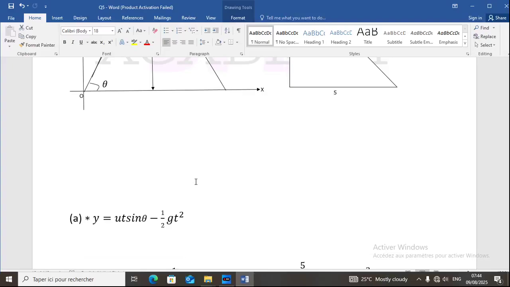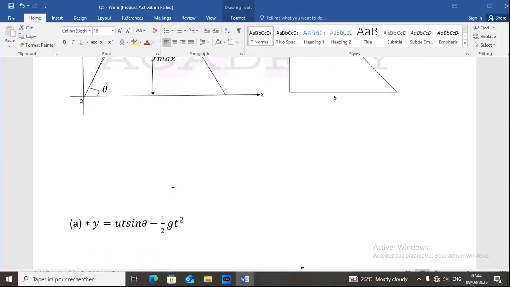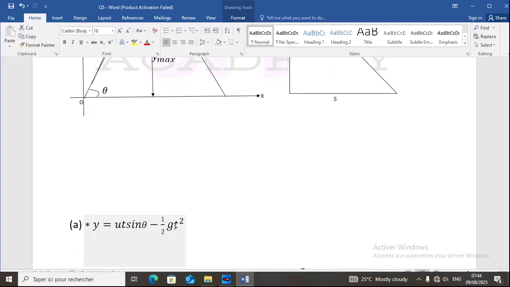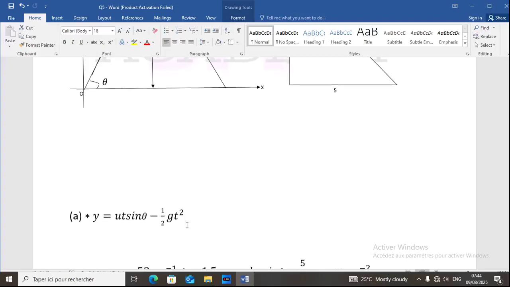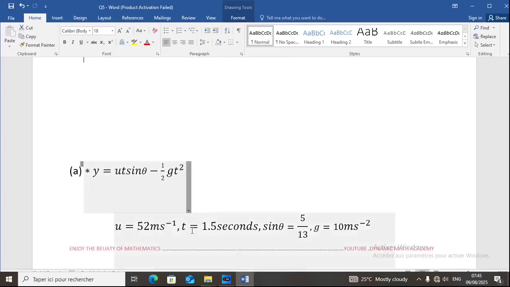So you see why I was including this stuff here: it's simply going to ease our calculation. And g is the acceleration due to gravity. If you input all the values there, we know u, we know t, we know sine theta, and we equally know g, 10 meters per second squared.